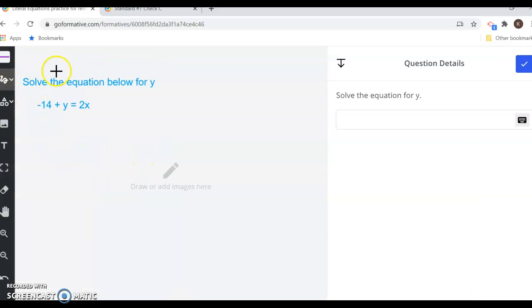So number 2 here, again, I'm trying to identify, here is the letter y. On this side of the equation, the y is the thing that has to stay, and the negative 14 is the thing that has to go. So to get rid of that negative 14, I'm going to do a plus 14.